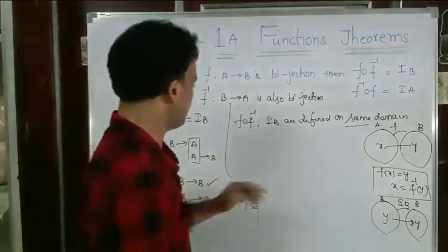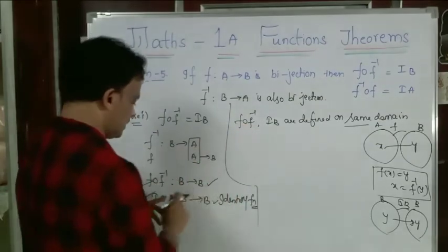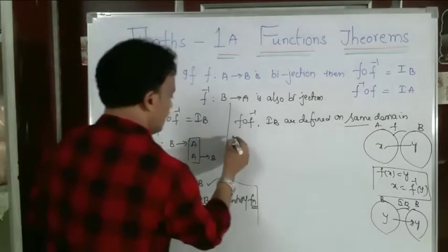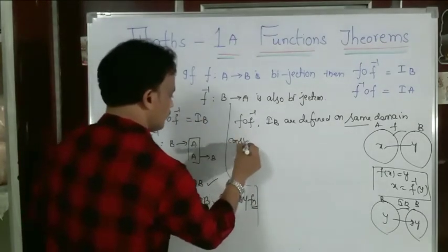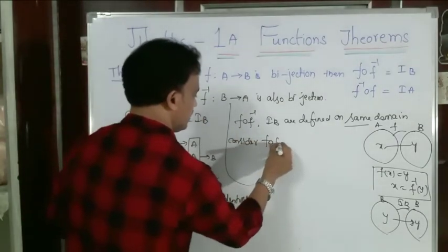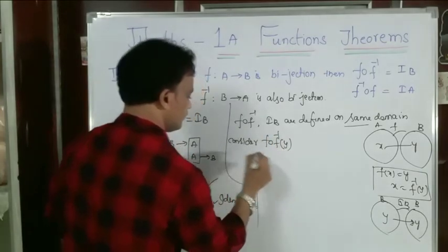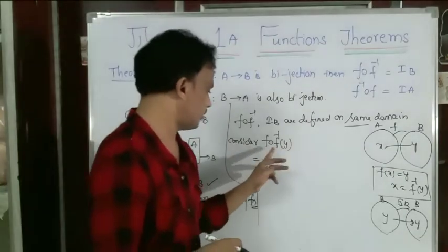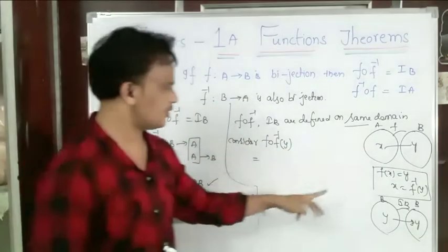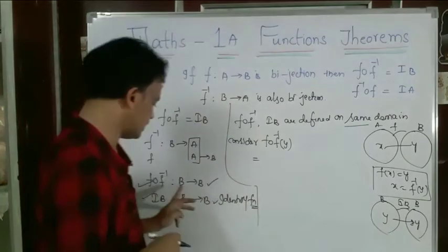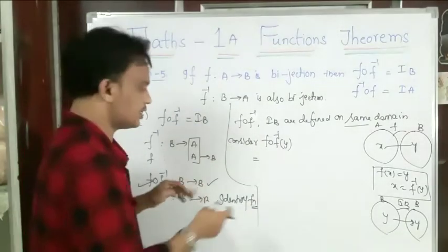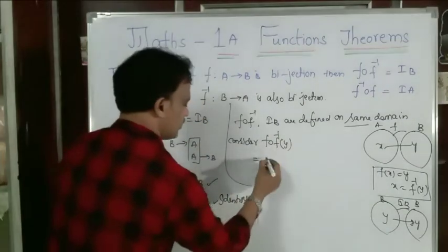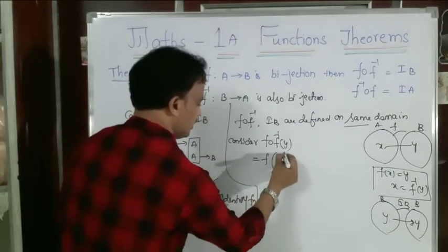Now f circle f inverse is defined from B to B. Consider f circle f inverse of y, where y is an element from B. f circle f inverse of y is f of f inverse of y.